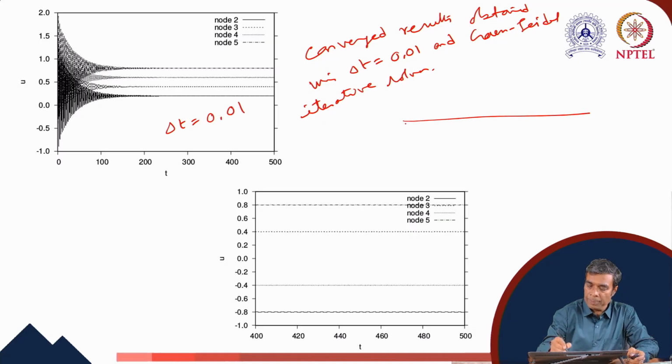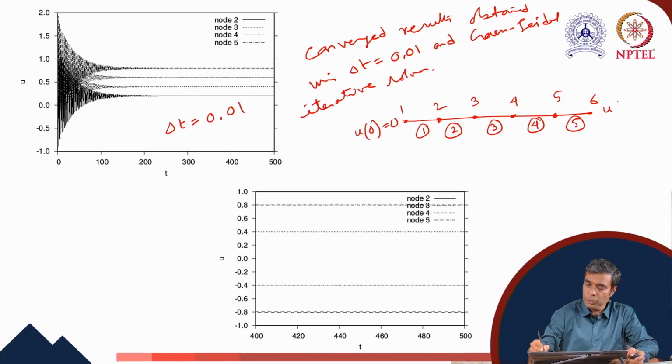This was our problem. So this is global node 1, global node 6, global node 2, global node 3, global node 4, and global node 5, elements 1, 2, 3, 4, and 5. We have used u at 0 equals 0 and u at 1 equals 1.